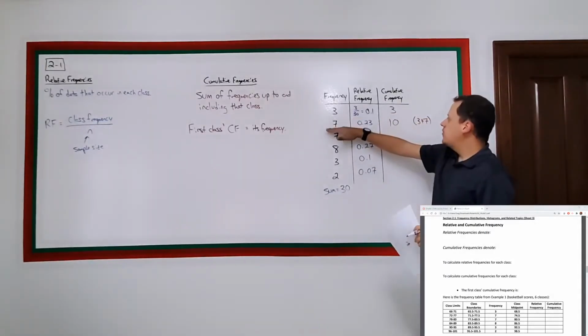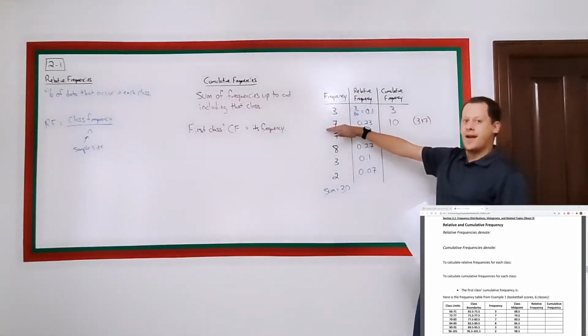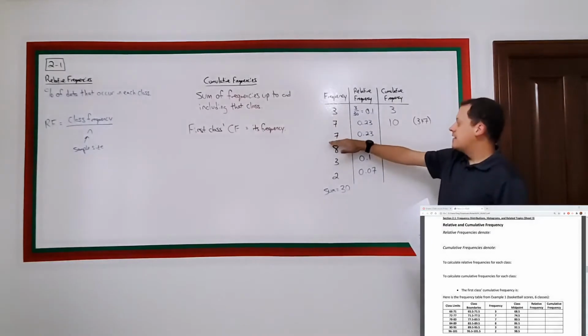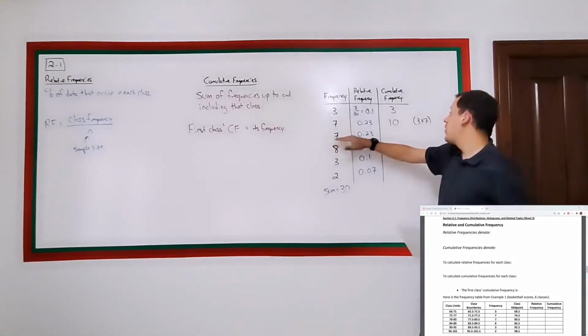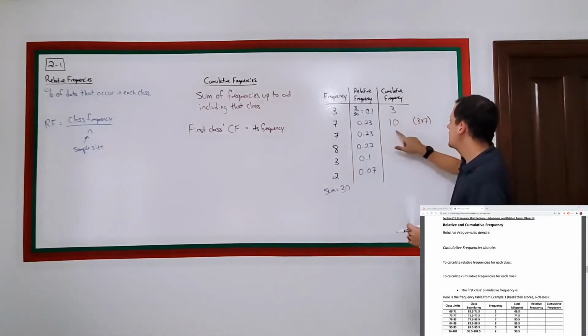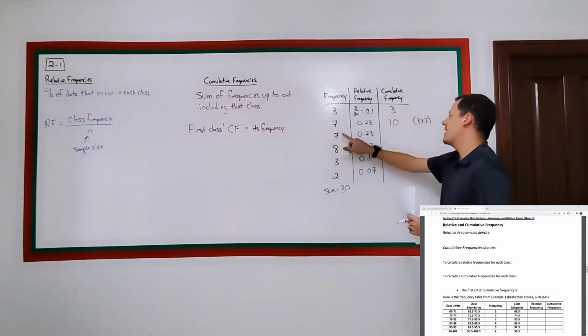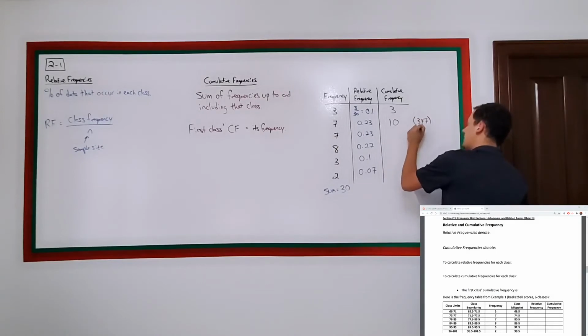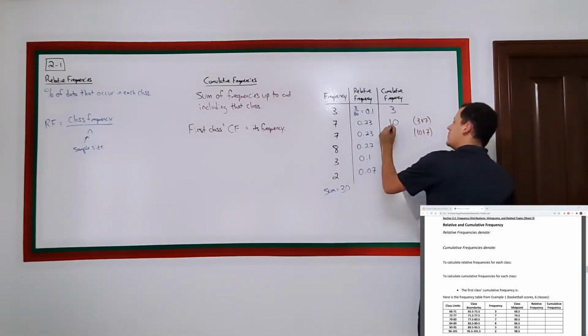So up to and including everything in the second class, we've now got 10 data values. The next one, we're going to be adding 7 more to this value. So we always start with the value that's in the cumulative frequency and add the next frequency. So this is going to be 10 plus 7, which is 17.